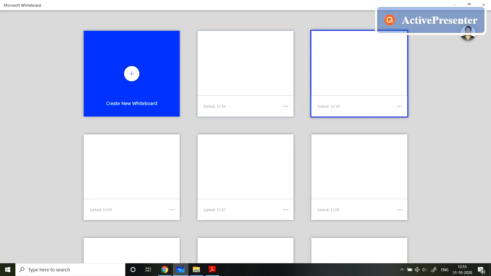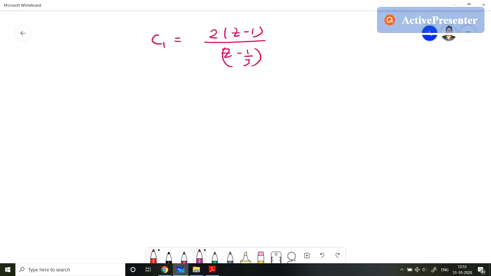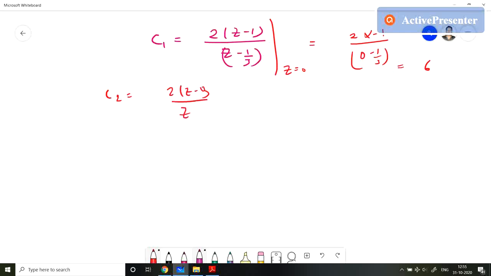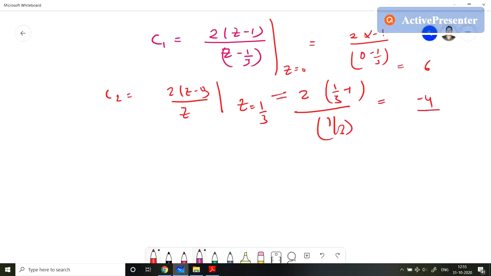Now we can solve and find the value of C1. C1 is (2z minus 1) divided by (z minus 1 by 3) at z equals 0, which is 2 into minus 1 divided by 0 minus 1 by 3, and that equals 6. C2 is (2z minus 1) divided by z at z equals 1 by 3, which equals minus 4.